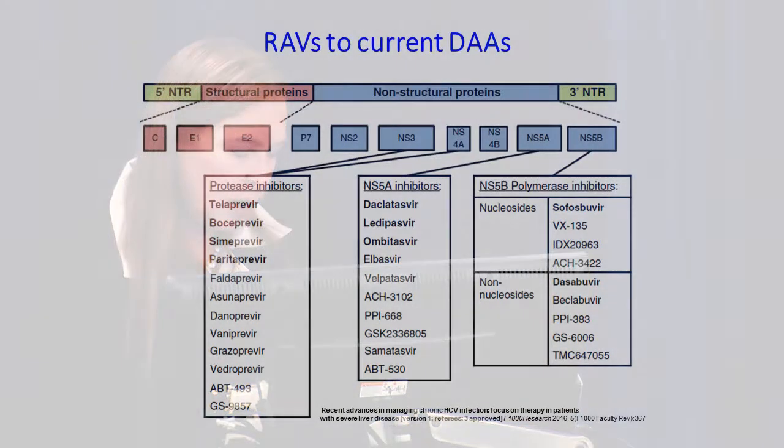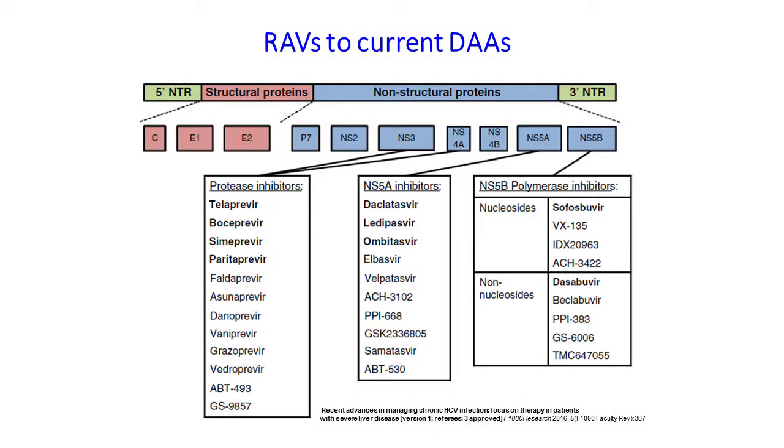Given that we have highly efficacious DAAs on the market now, we have found a number of drug-resistant variants or resistance-associated substitutions that have developed, rendering these DAAs potentially ineffective for treatment. Shown in this slide are DAAs that are currently in use or in clinical trials. The drugs target the non-structural proteins to disrupt replication of the virus.